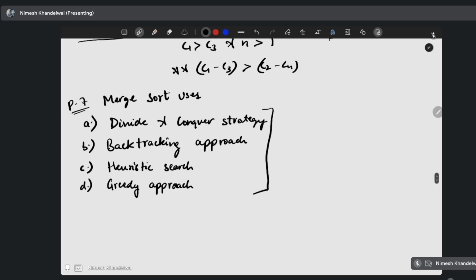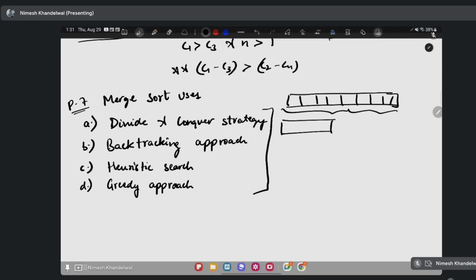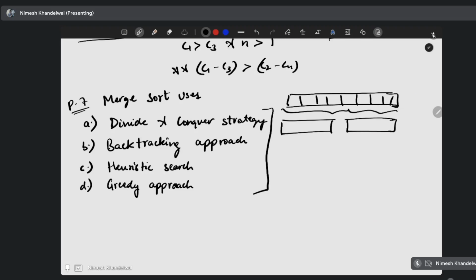Right, so we know that in merge sort, if we have an array, we partition this array, and then we keep partitioning the array recursively, and then we merge those two partitions when they're sorted, right? So basically we reduce it till we hit the definition of being sorted, where we have just two elements, and then we merge them in such a way that they become a sorted list.